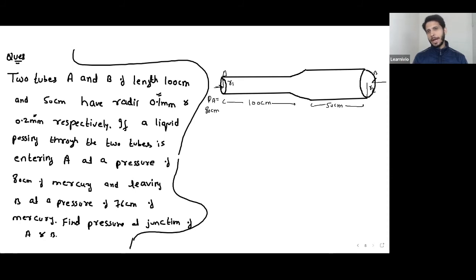And the pressure here at end B is PB, which is 76 centimeter. And this is the junction. Let's say the pressure at the junction is P.